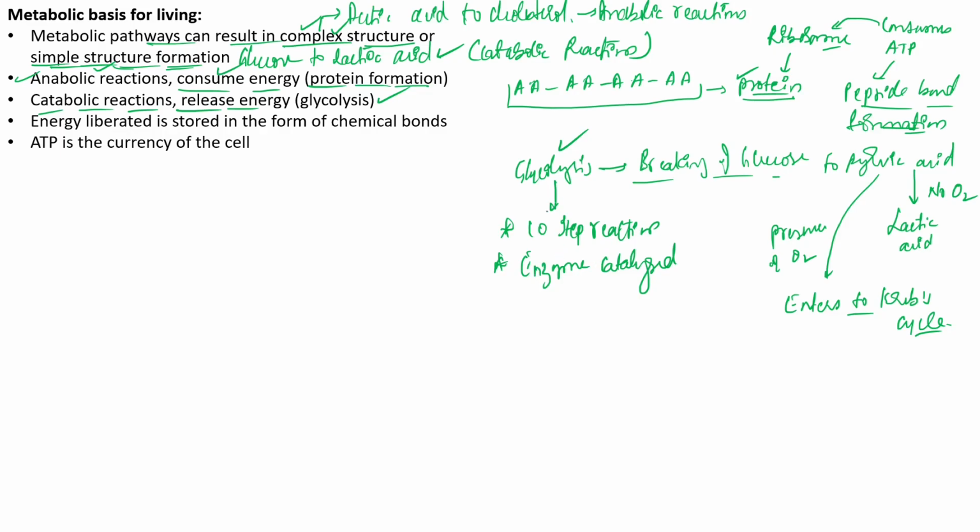Finally, the net product you get from glycolysis is ATP.